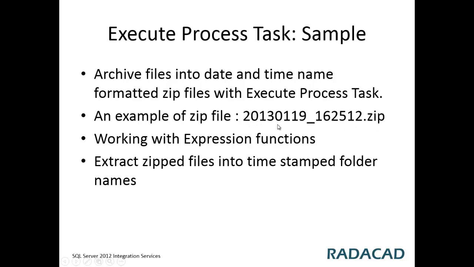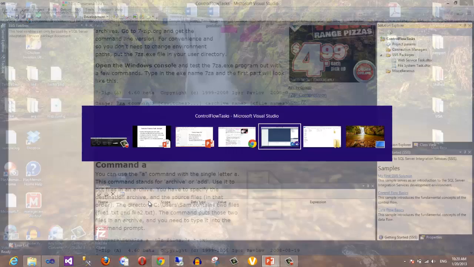I put year and month and day and underscore, hour and minutes and seconds, dot zip extension. And so I want to use expressions and some dynamic functions in SSIS to do that. And after that, I will do the extract part of it as well. I will extract that into a timestamp folder with the same name, with the same folder name, and extract those files into that folder. Okay, let's see how we can do that in SSIS.